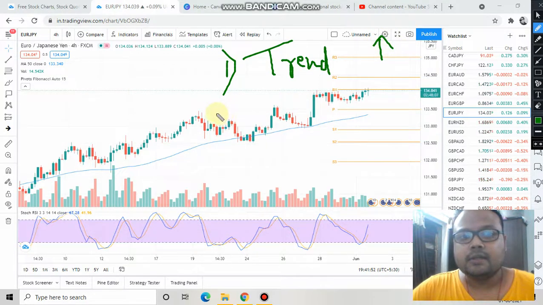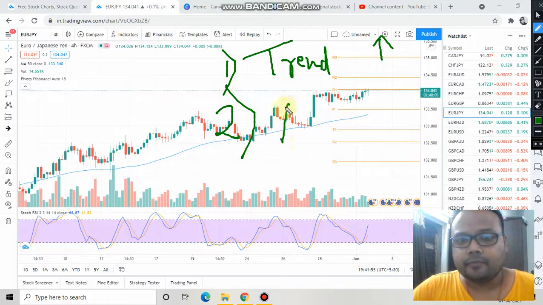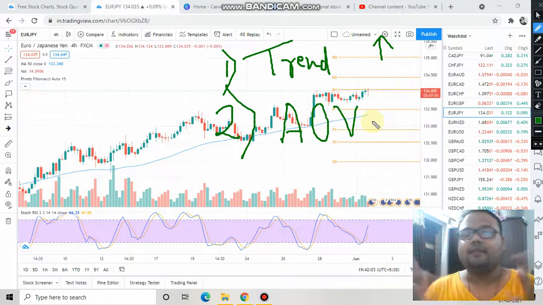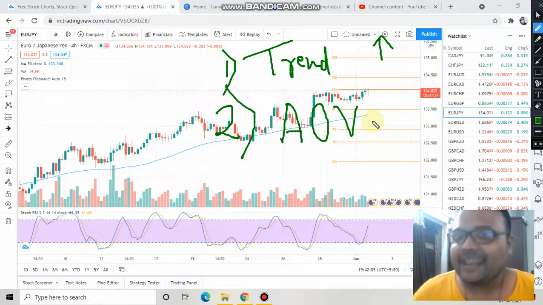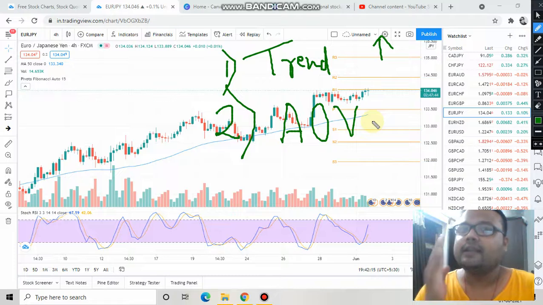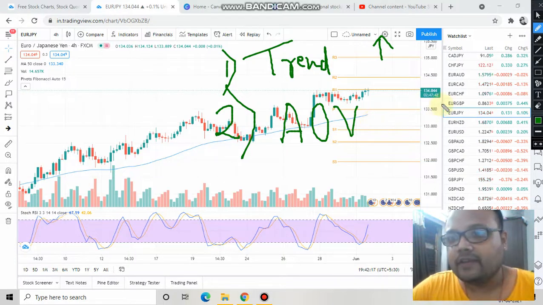Second thing, AOV, area of value, or the best trading opportunity or the best trading spot. We need to find the area of value. I always say in my videos that the area of value in an uptrend market is always near the support, and the area of value in a downtrend market is always near the resistance.